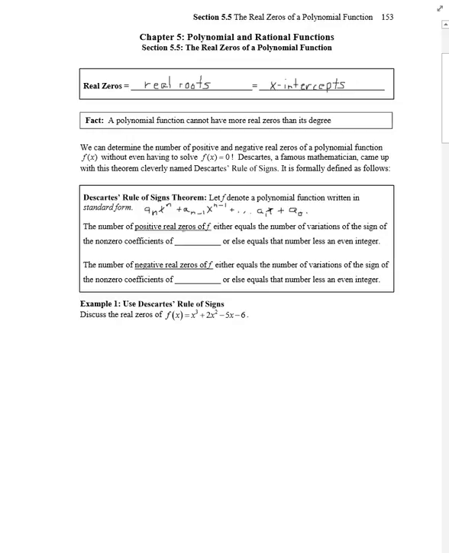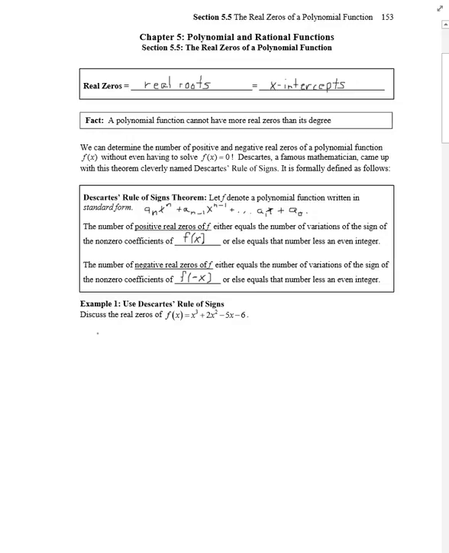So the number of positive real zeros either equals the number of variations of the sign of the non-zero coefficients of f of x, or that number less an even integer. The number of negative real zeros equals the number of variations of the sign of the non-zero coefficients of f of negative x, or else that number less an even integer.